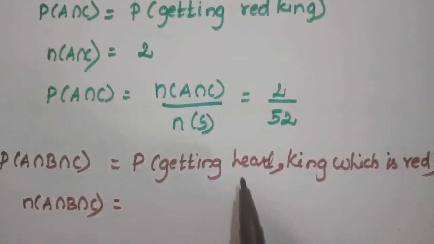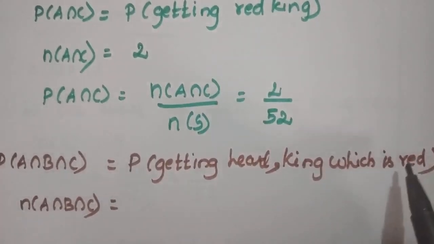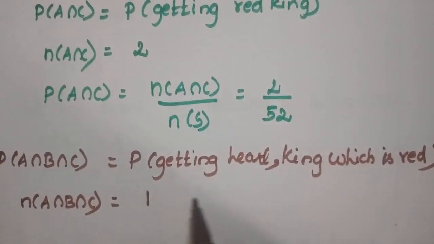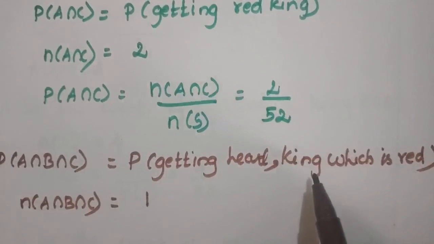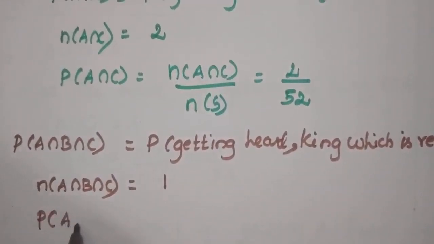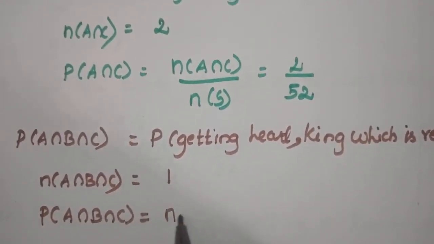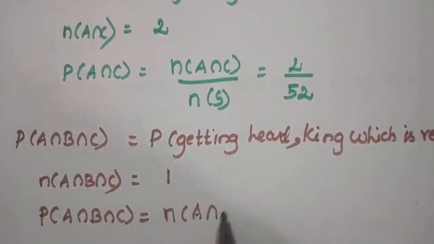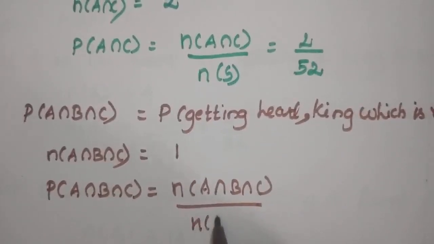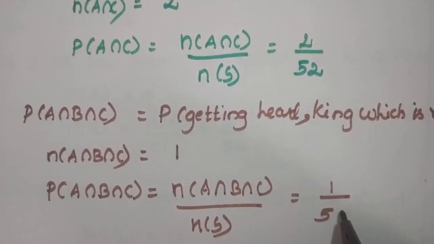Here it should be a heart and it is king also and it is red in color also. So the answer is 1. There is only one card which is the red king of hearts. So P of A intersection B intersection C is equal to n of A intersection B intersection C divided by n of S. Now substitute the values here, which is equal to 1 by 52.